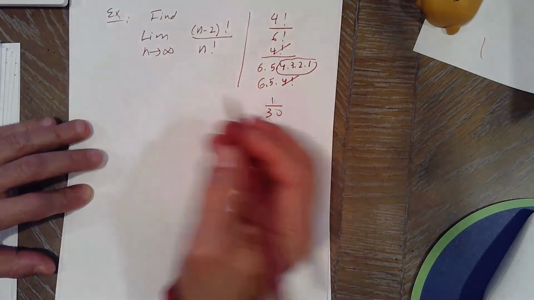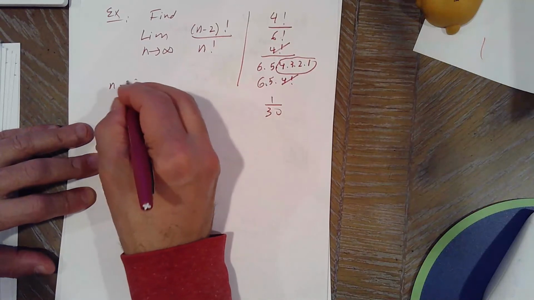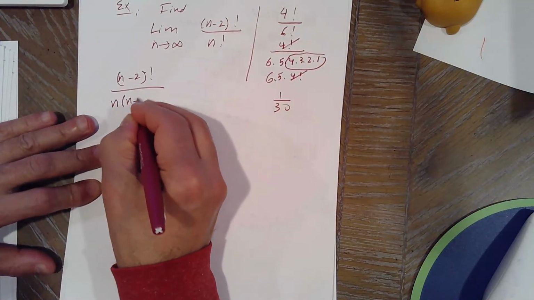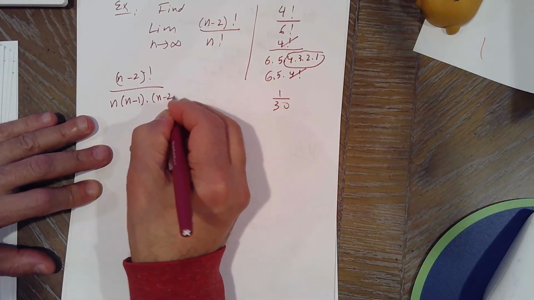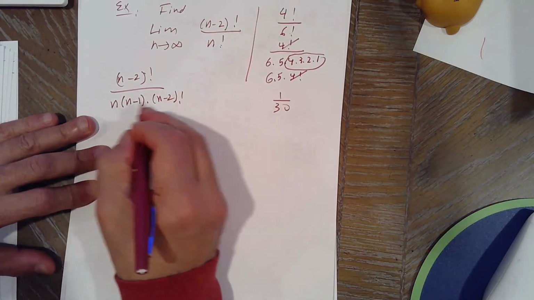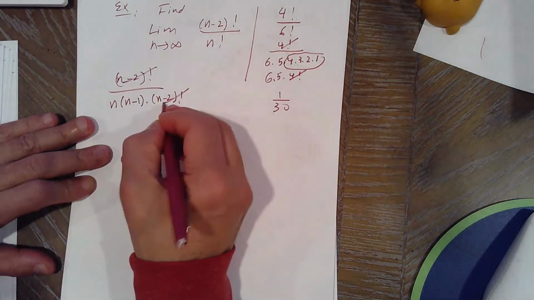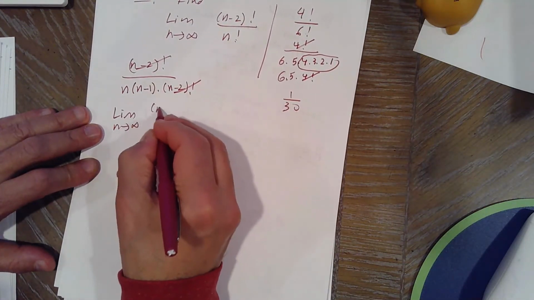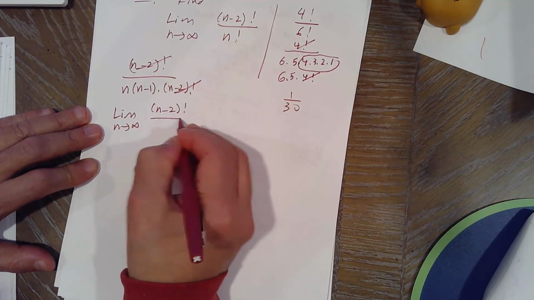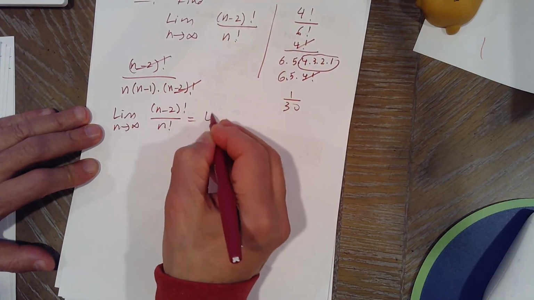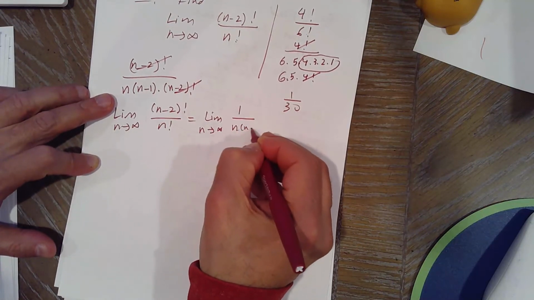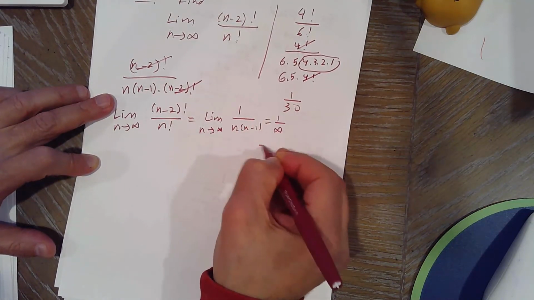So we're going to follow the same strategy here. (n minus 2) factorial over n factorial. n factorial is n times n minus 1, then times (n minus 2) factorial, just like 6 times 5 times 4 factorial. That cancels that out. So the limit as n goes to infinity of (n minus 2) factorial over n factorial is the same thing as the limit as n goes to infinity of 1 over n(n minus 1), which is 1 over infinity, which is 0.